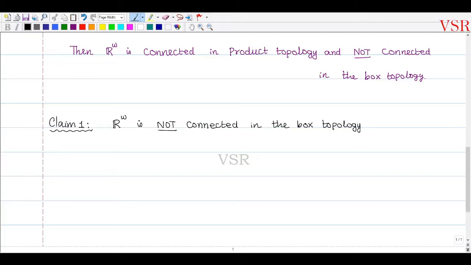That is Claim 1. Then we shall show that R omega is connected in the product topology. This is the claim.